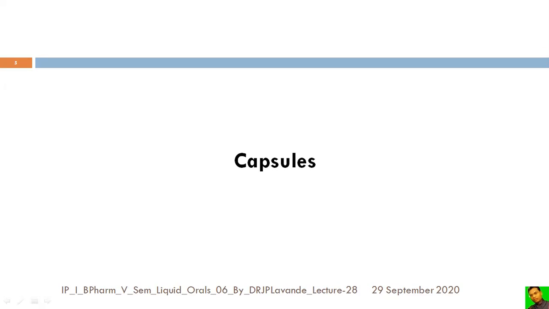As far as the solid dosage form is concerned, we had covered the details associated with tablets and all the aspects associated with tablet manufacturing, its types, advantages, disadvantages, then granulation, the methods of preparation, then compression, etc. Now, in the series of solid dosage forms, today we are going to discuss one other dosage form which is very commonly and popularly called capsules.